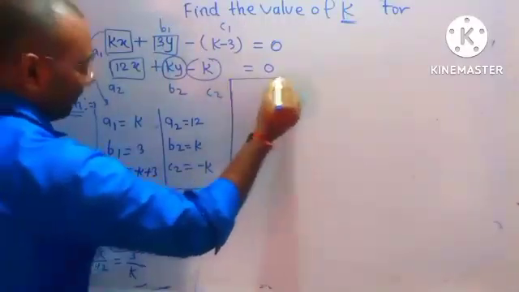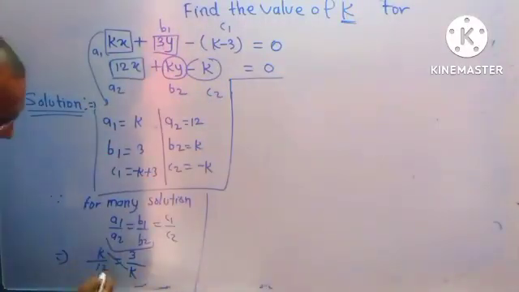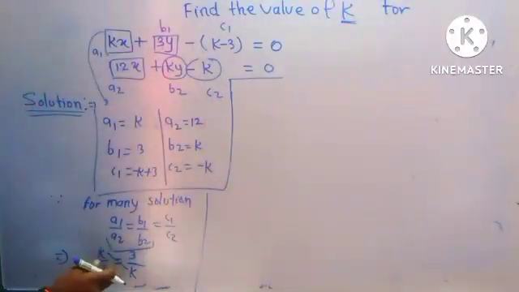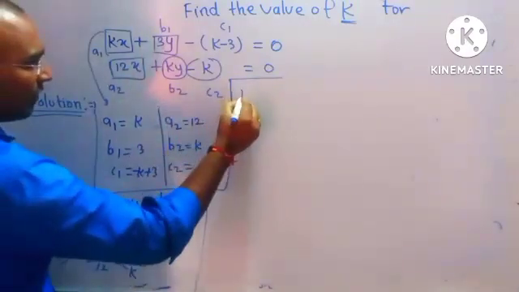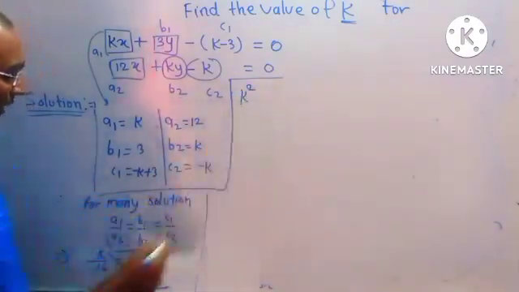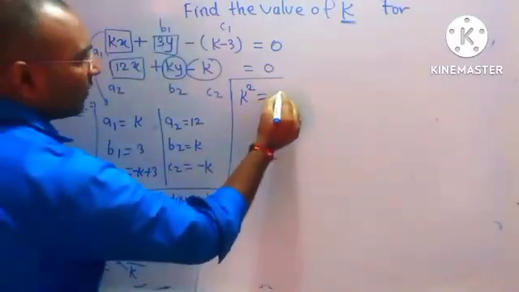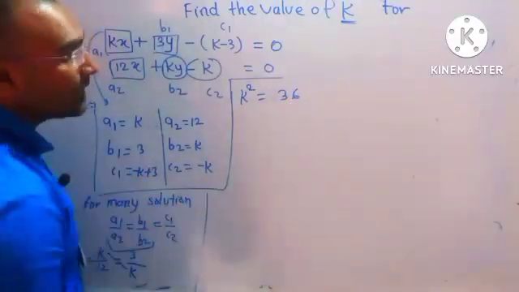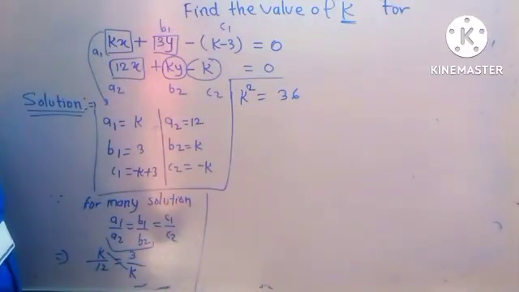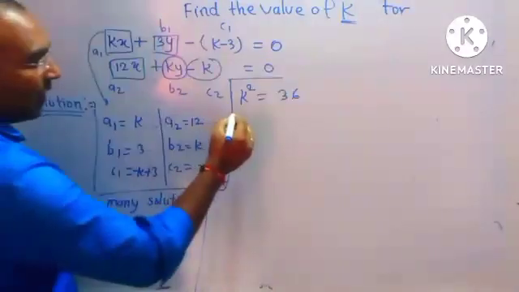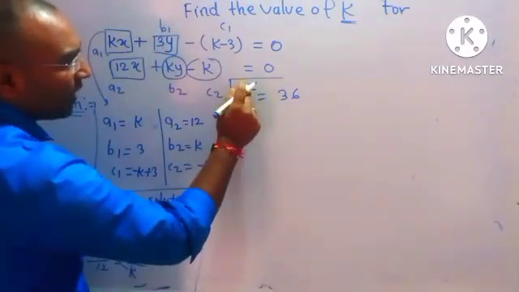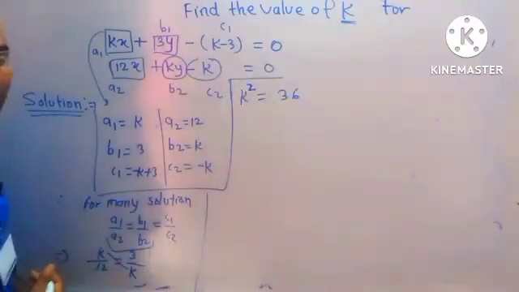So let's solve this step now. k into k, k square, is equal to 12 into 3, which is 36. Now we have to transpose this power 2.